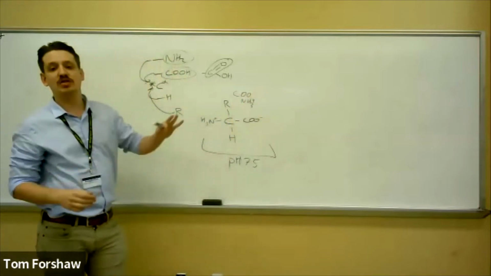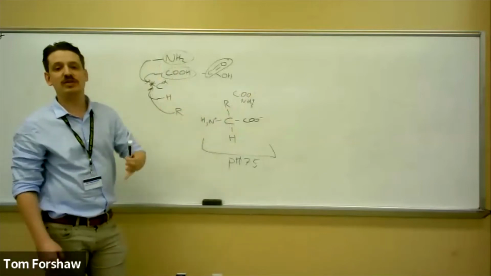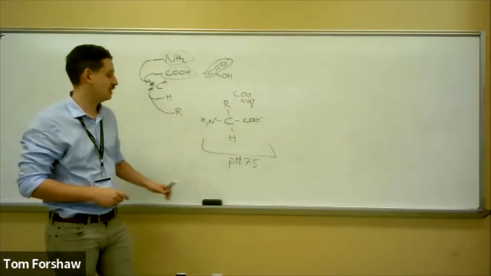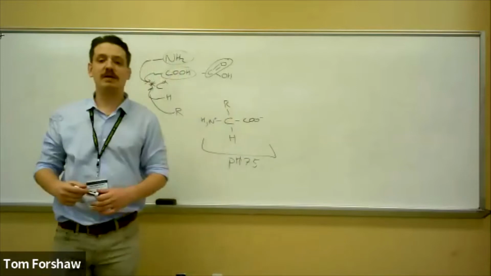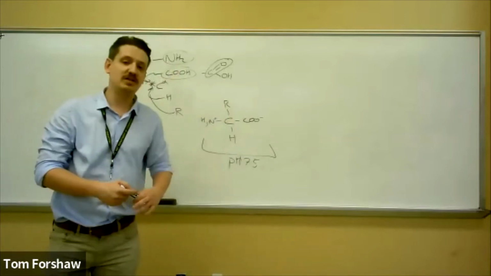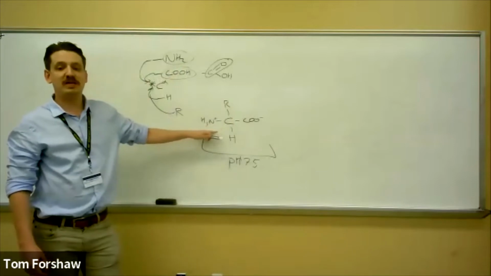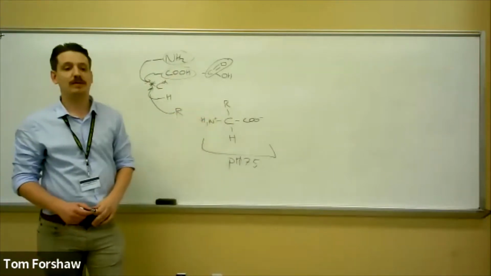This has a lot to do with what the amino acid does and the function it imparts onto the protein when it chains together to make a protein. So I need you to understand, as we explained pH and pKa in previous lectures, the relationship between pH and pKa on amino acids and what that means downstream.